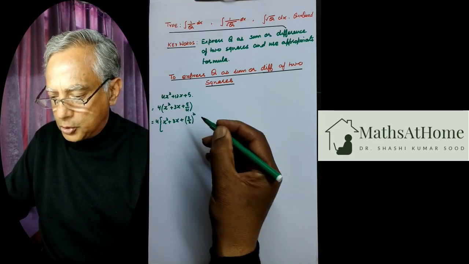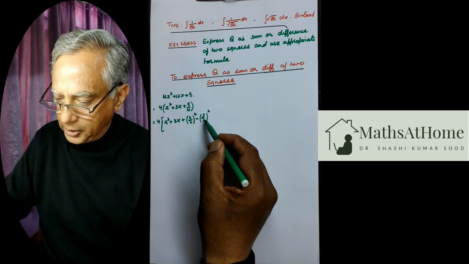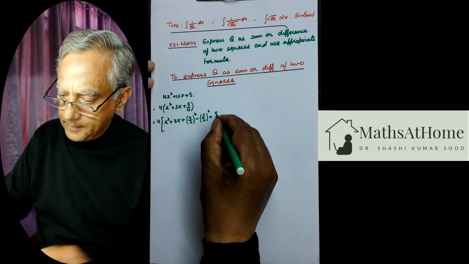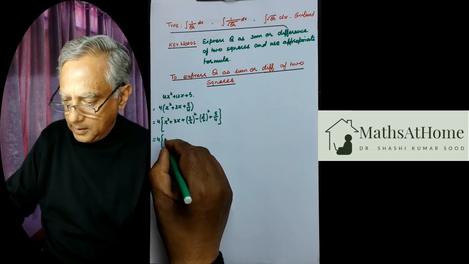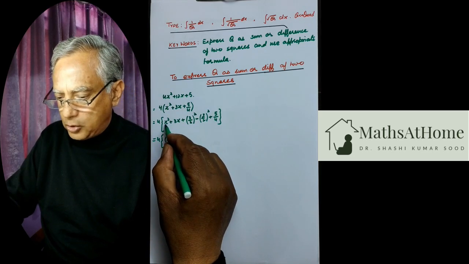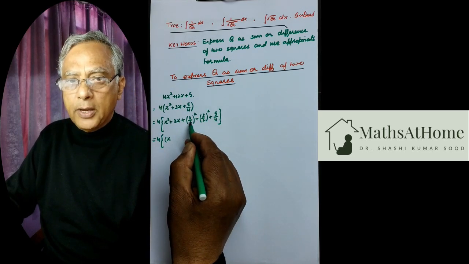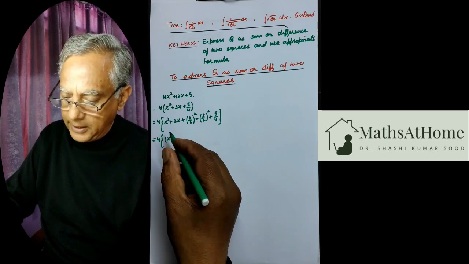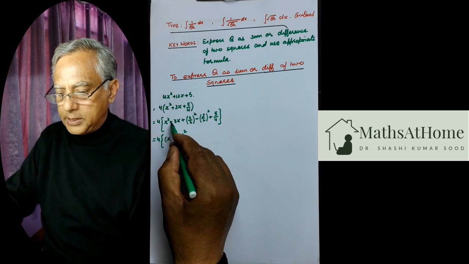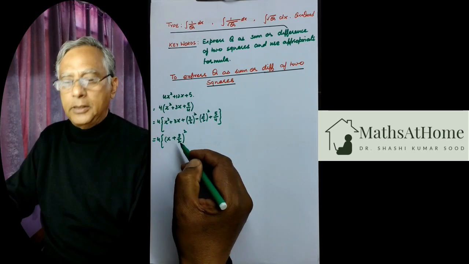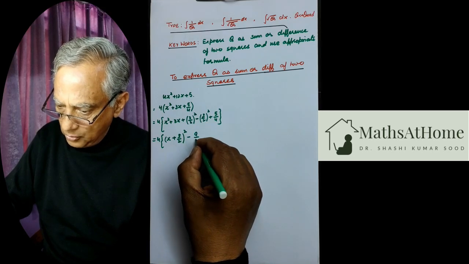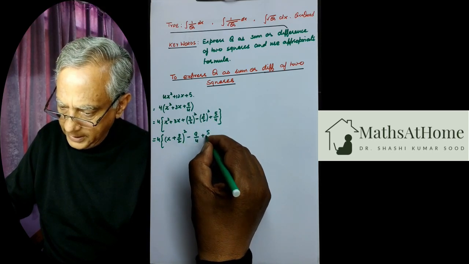So 3 by 2 whole square will be added and 3 by 2 whole square will be subtracted, plus 5 by 4. This can be written as x, and since this is x square plus 2ab plus b square, and the 2ab term is positive, we will write x plus 3 by 2 whole square. If this is negative, it will be x minus 3 by 2 whole square. Minus this is 9 by 4, plus 5 by 4.